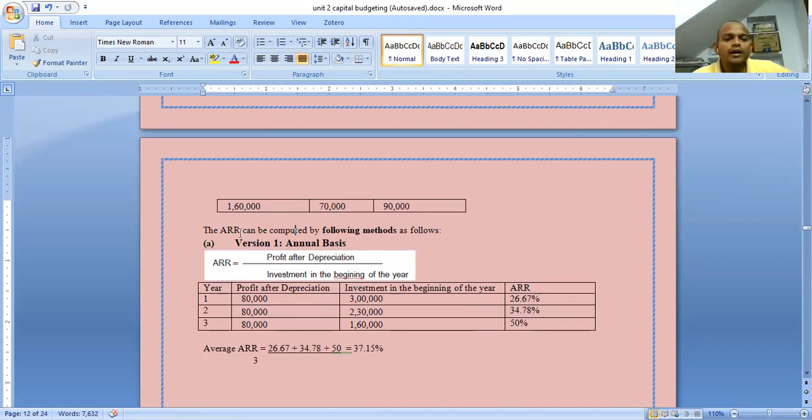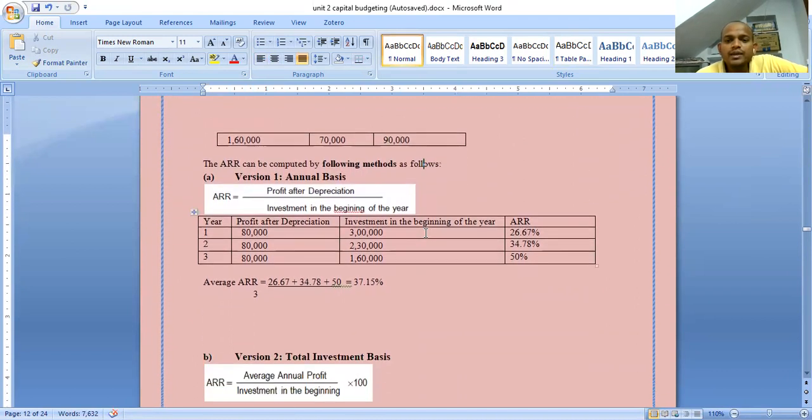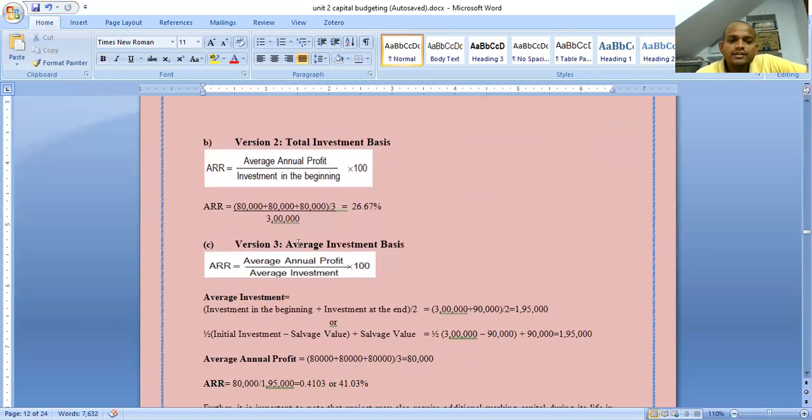So accounting rate of return can be computed by the following methods. So this can be calculated in various methods. First one is annual basis, and total investment basis, and the third one is average investment basis.